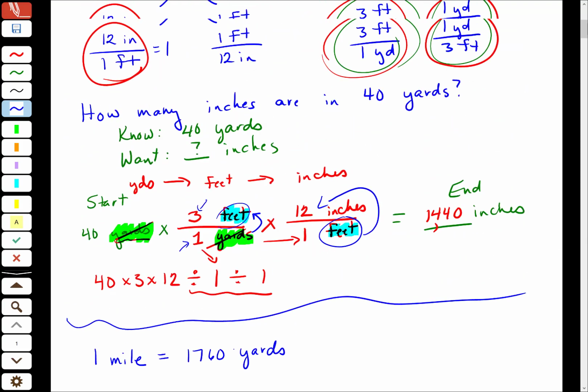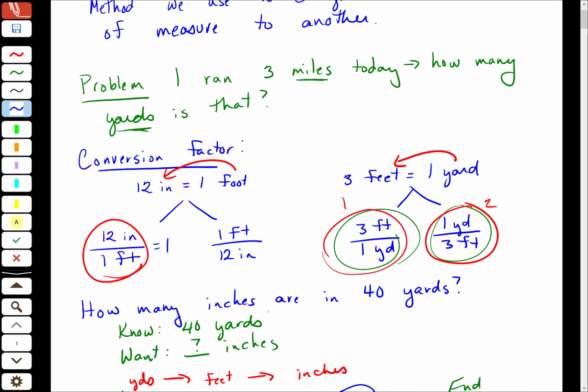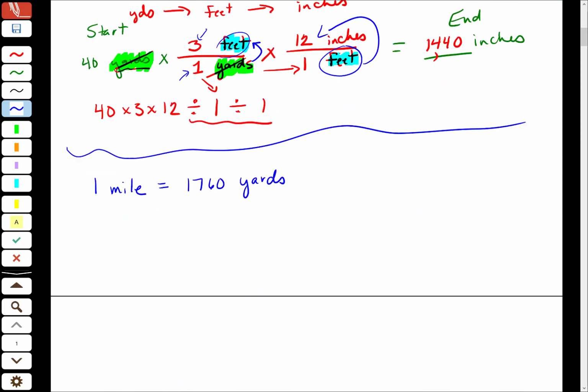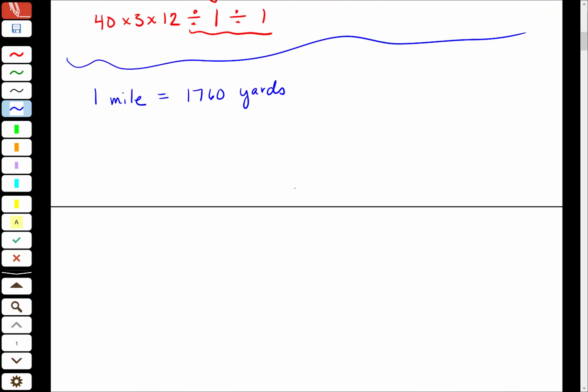So let's do 3 miles to yards, right? Let's say I ran 3 miles. How many yards is that?